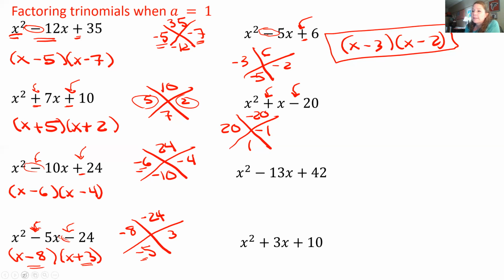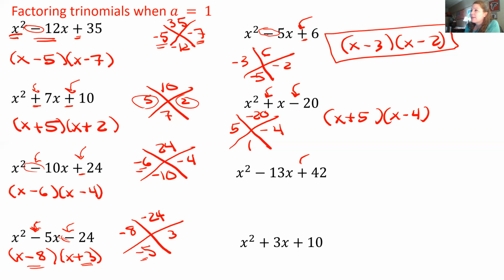Oh my goodness, you guys, that's not going to give me 1, silly. It's going to be 5 and 4, isn't it? Crazy, Miss Richardson. So positive 5 and negative 4. So 5 times negative 4 is negative 20, and 5 plus negative 4 is positive 1. So the square root of x squared is x and x, and then we have a plus 5 and a minus 4.